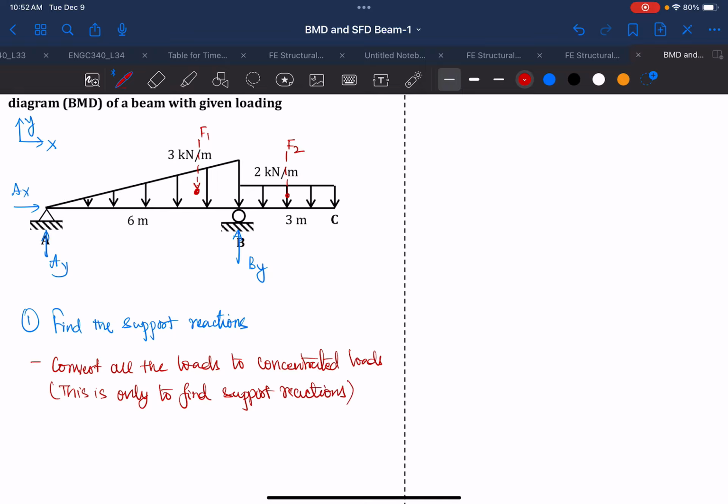You will use this simplification only when you find the support reaction. Do not use it for finding the bending moment diagram or shear force diagram, because it will make your drawing wrong.